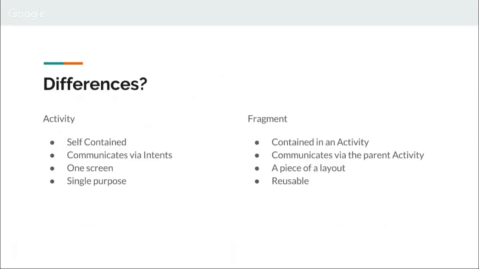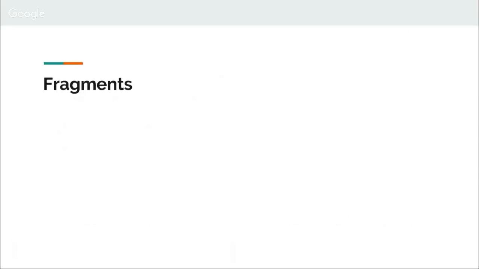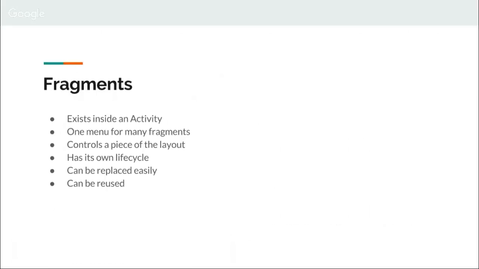Fragments were made as a modular approach to UI, right? So they are pieces of layouts and we can reuse them. Okay, let's talk a bit about fragments. A fragment, as we already know, exists in an activity.